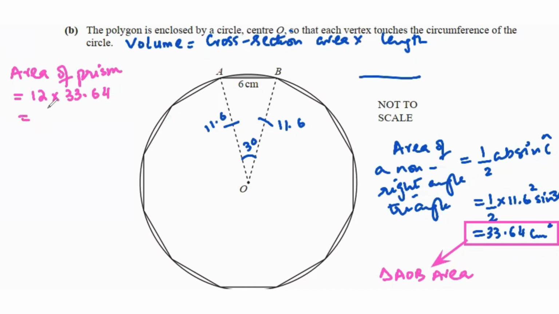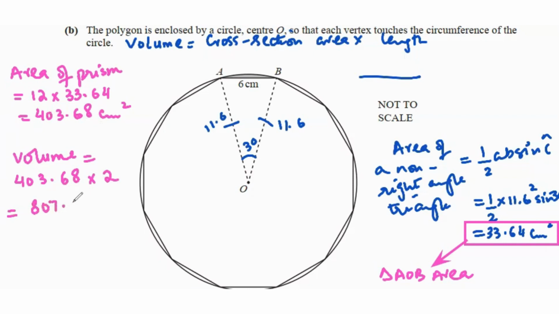So 12 times 33.64 is going to be 403.68 centimeters squared. And now for the volume, I will multiply 403.68 with 2, which was the running length. And that will give us 807.4 centimeters cubed.